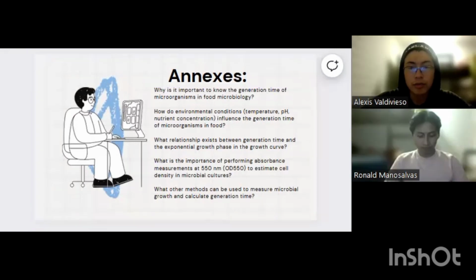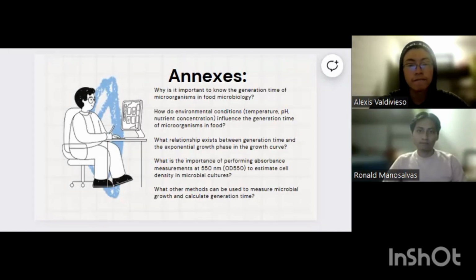What relationship exists between generation time and the exponential growth phase in the growth curve? The generation time directly influences the duration and intensity of the exponential growth phase in a growth curve. A shorter generation time corresponds to a faster growth rate and a shorter exponential phase, while a longer generation time leads to a slower growth and a longer exponential phase.